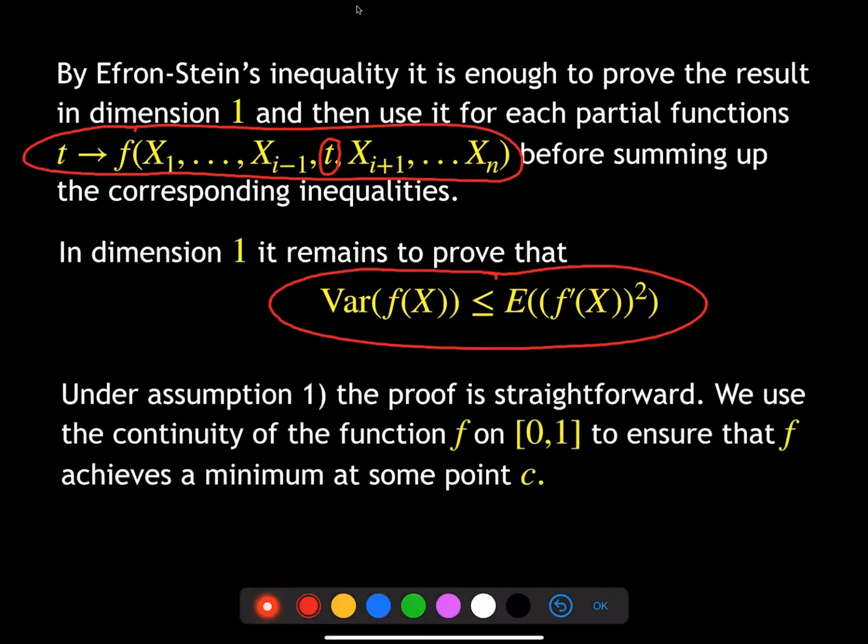So let's see how it works under assumption 1, because the proof is really straightforward. It's very simple. We first use the continuity of the function to ensure that the function on [0,1] achieves a minimum at some point c.